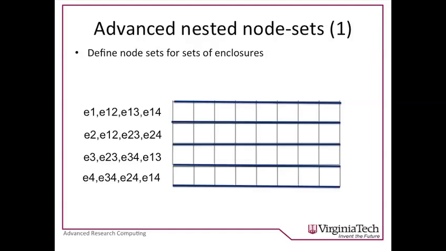So for example here, the nodes in the first enclosure will have three attributes. The first one is they belong to the first enclosure, but they also belong to the set of E1 and E2, indicated by E1,2. They also belong to the set enclosure 1 and enclosure 3, indicated by E1,3.